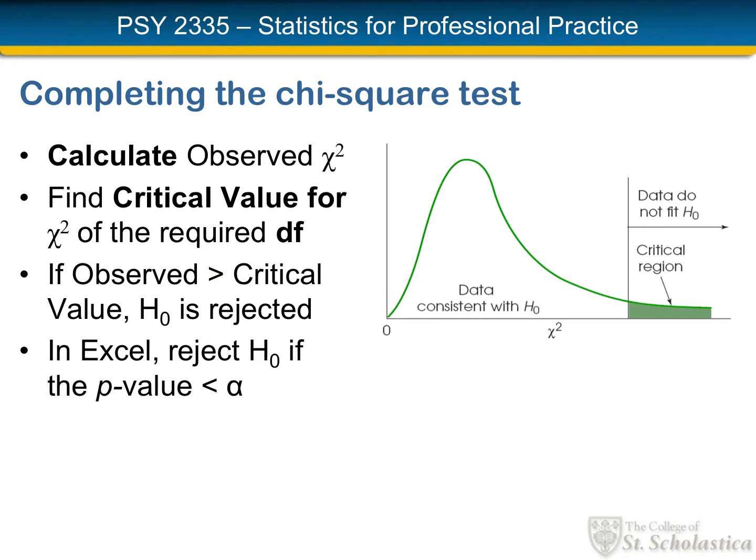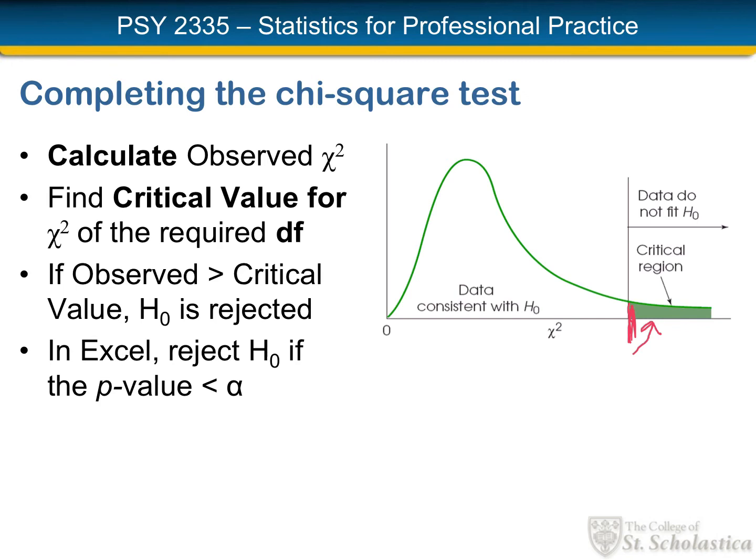If we're working by hand, we find the critical value of chi-square for the particular degrees of freedom we had, and our critical value would be the value right at that dividing point. If the one that we compute is larger than that critical value, we reject the null hypothesis.